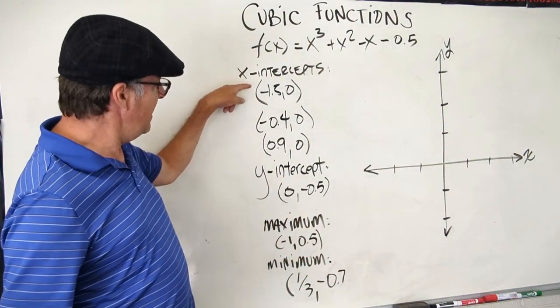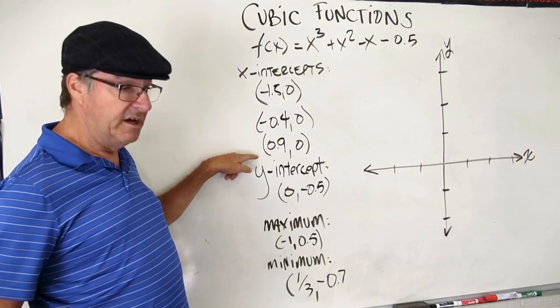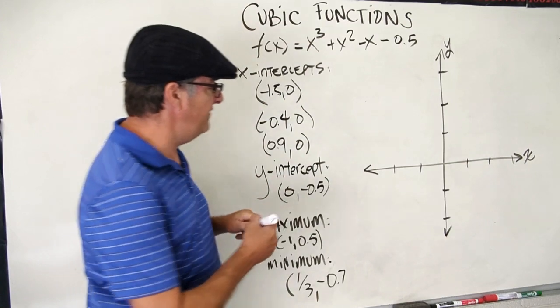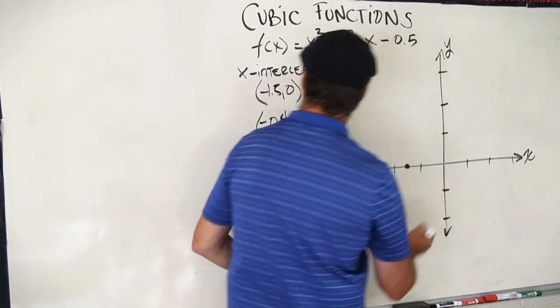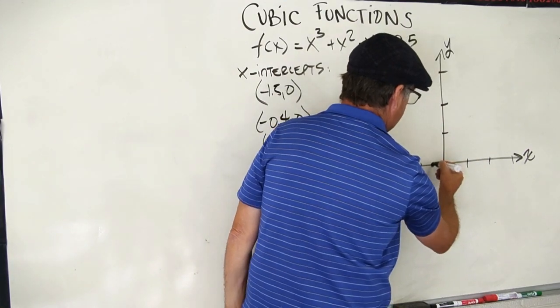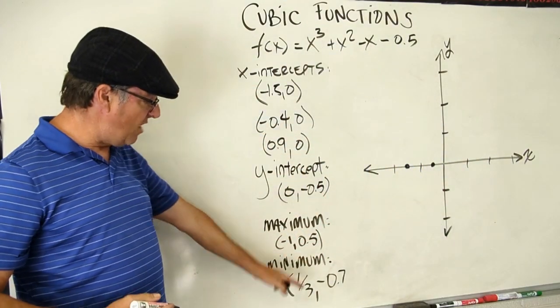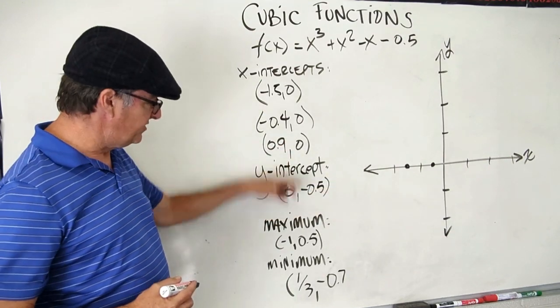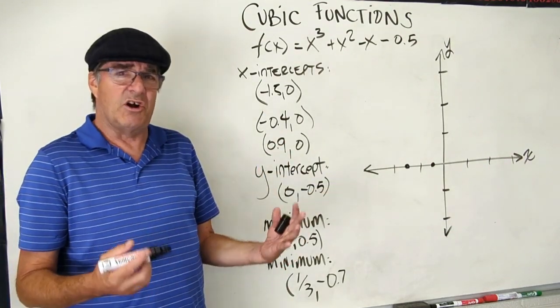Okay, my x-intercepts are these 3. So let me go ahead and mark them on my graph. I've got -1.50, that's right there. I've got -0.40, so that's right about there. And just a note, I have rounded these a little bit just to make the graphing easier. There's a lot of decimals in some of these because these functions are complicated.